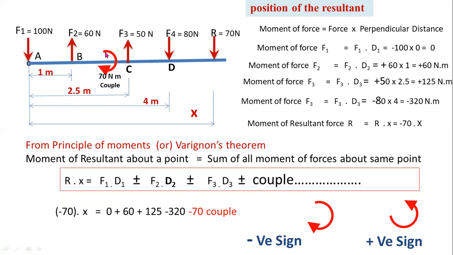Here this is the clockwise couple, so you have to consider negative sign. So minus 70. Don't consider distance for the couple force, because the unit for a couple is Newton meter.